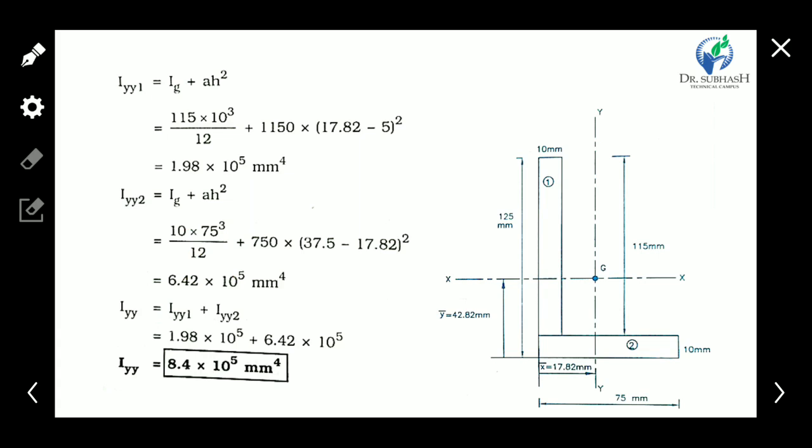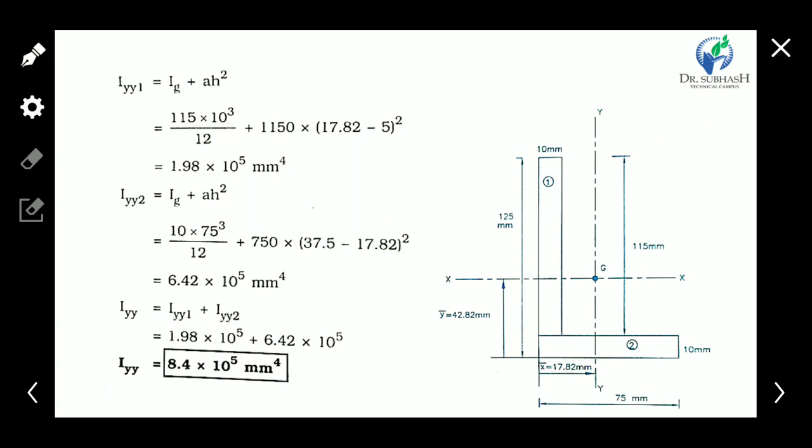Now we have to find the value of h, the CG of this second element. The h is the distance between the y axis and CG of the second element. This is the h or h2.